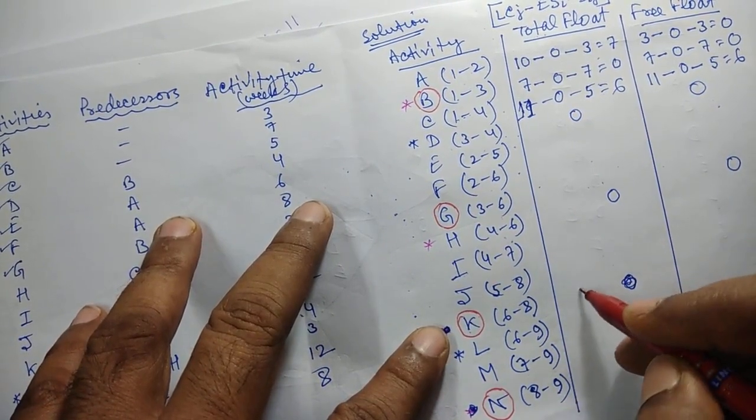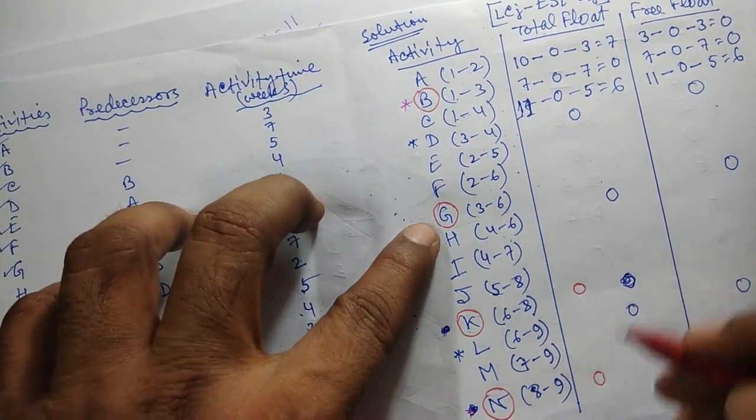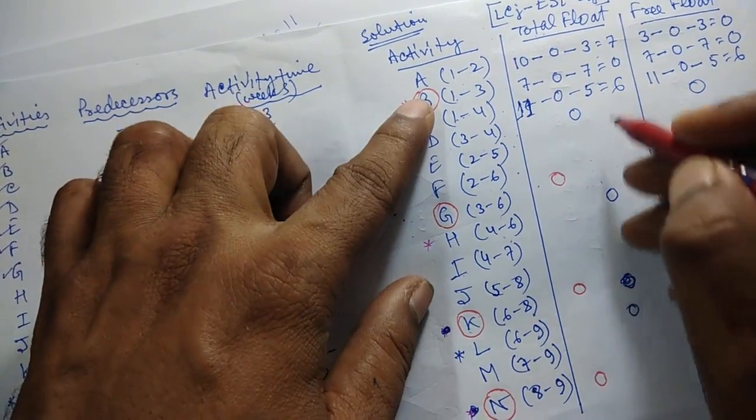For K, it will be 0. For N, it will be 0. For G, it will be 0. And for B, it will be 0.